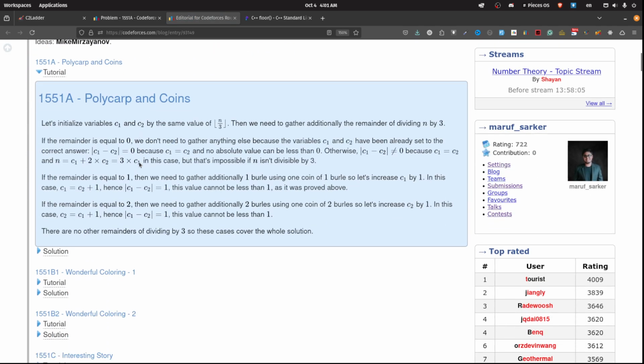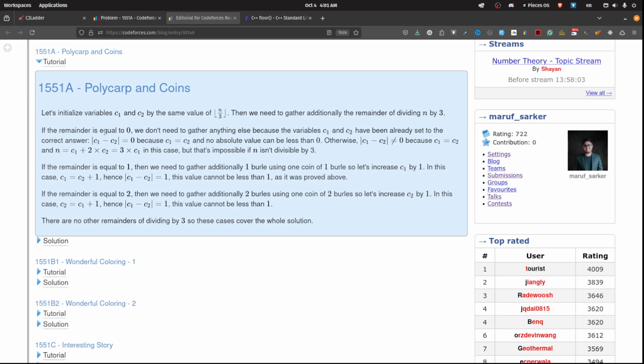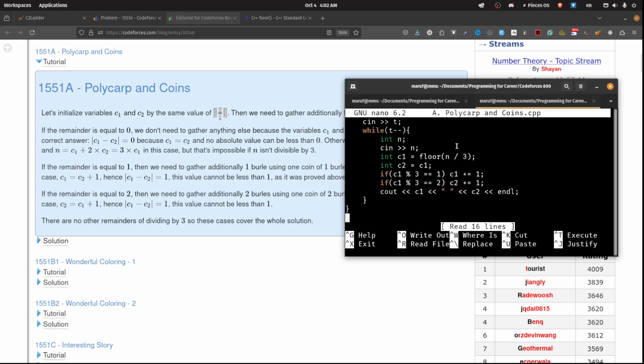In the tutorial, it says let's initialize variables c1 and c2 by the same value. Okay, I am right. Same value. I also take the same value. Here it also divides n by 3. Okay, it's the floor value. Recently, I took the floor value here.